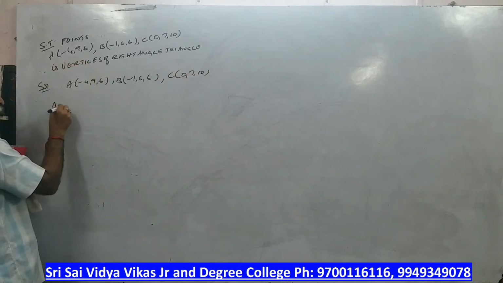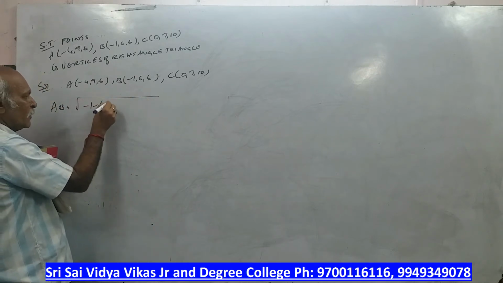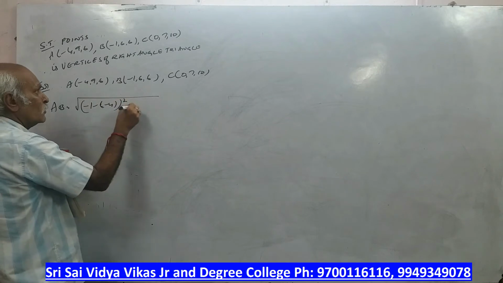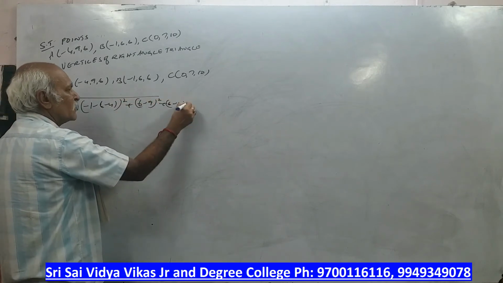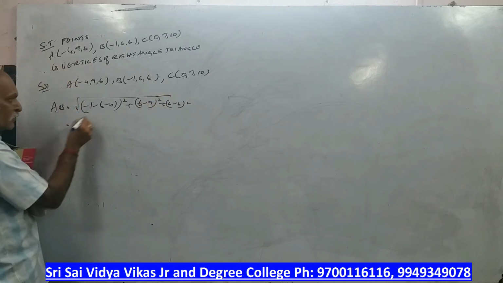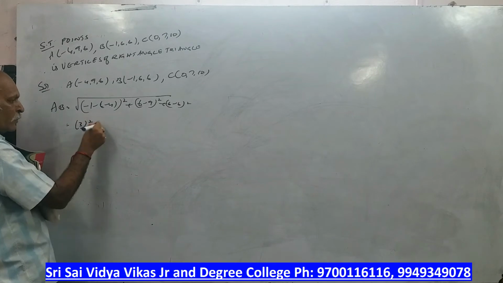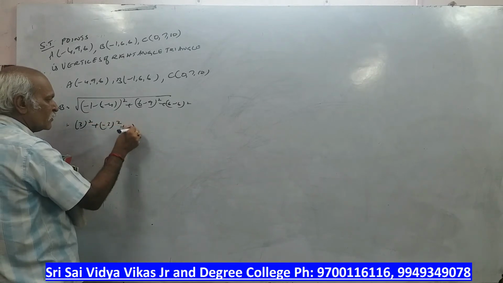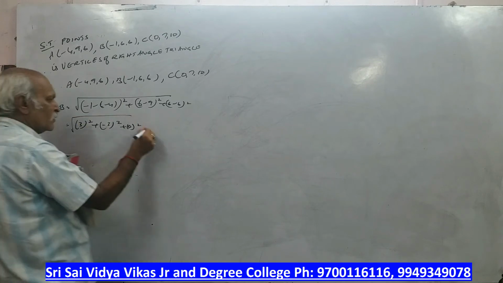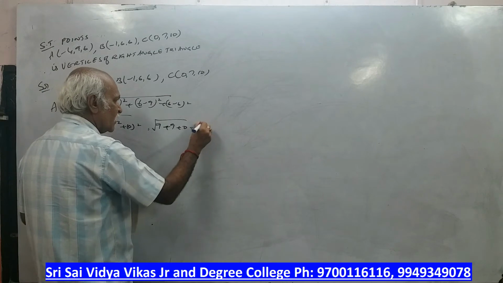Therefore, AB, distance formula again: (minus 1 minus of minus 4) whole square plus (6 minus 9) whole square plus (6 minus 6) whole square. So minus of minus is plus, so 3 square plus minus 3 square plus 0 square. So this becomes 9 plus 9 plus 0, which is root 18.